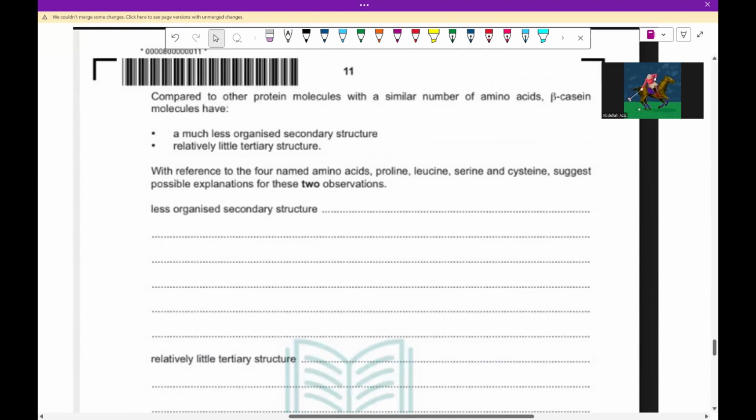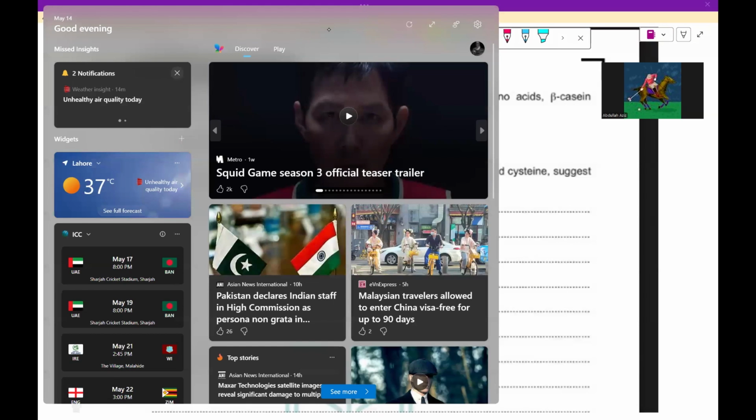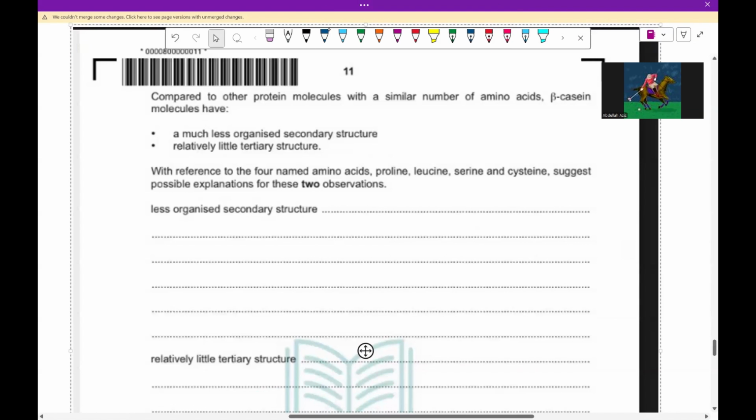Okay, so it says that it has a less organized secondary structure, and we know the primary structure is basically the sequence of amino acids, which is due to the peptide bonds, and secondary structure is the two forms, which is the alpha helix or beta pleated sheet.